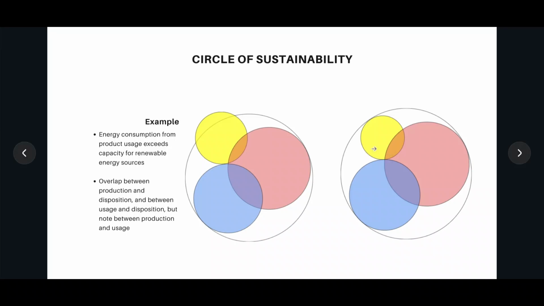So shrinking the product use circle would be equivalent to switching to a more energy efficient product. And notice that I didn't create a new overlap between product use and production. This is part of this model, that it retains these relationships.